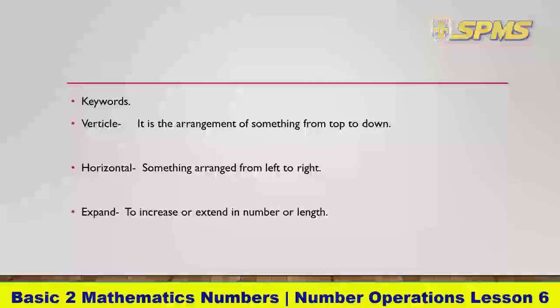So anything that you arrange from top to down is in a vertical manner. Or if you rule a line from top to down, you have a vertical line. So today we are going to add in a vertical form. That means the numbers are going to be arranged from top to down.